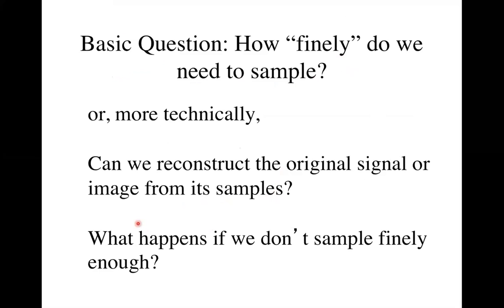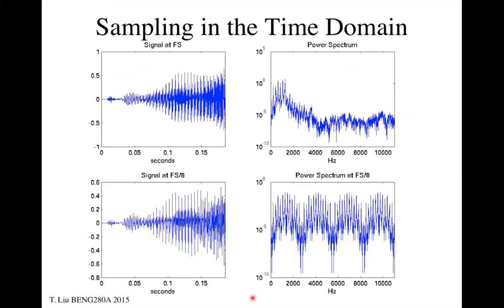If we undersample, does it cause artifacts, and what do they look like? So the example we will look at initially is a time domain sampling. And if we have this signal, which is, say, a voltage measured as a function of time, which is what we would measure in our receiver coil in an MRI experiment.